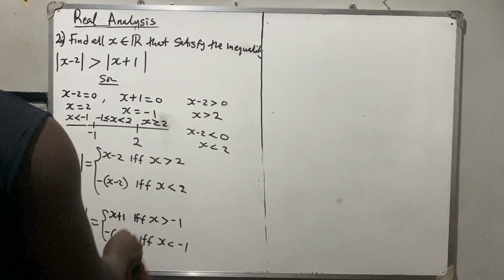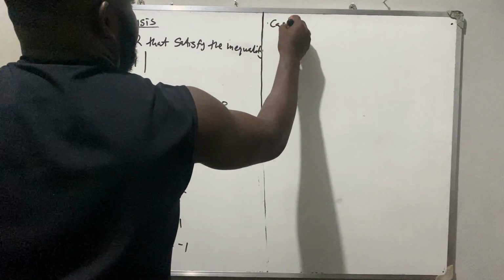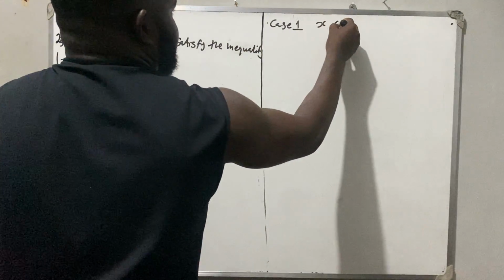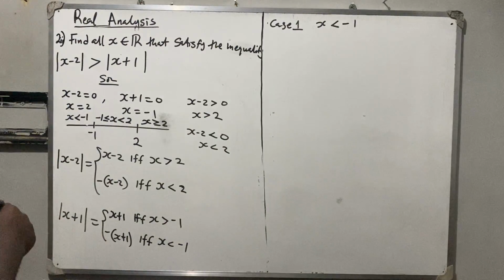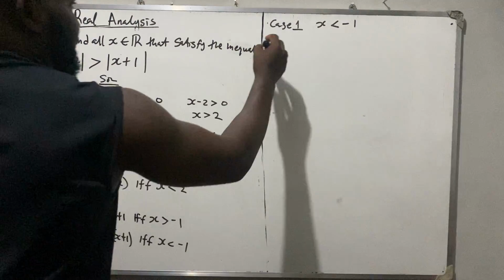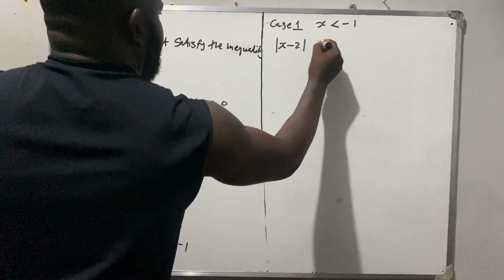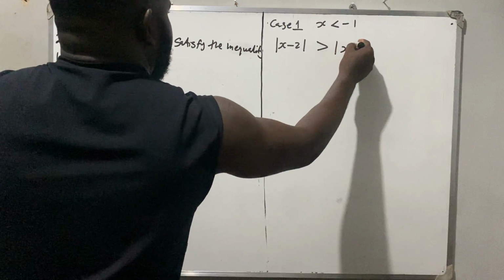So for case 1, this side, we say that x is less than minus 1. So if x is less than minus 1, we have that the absolute value of x minus 2 is greater than the absolute value of x plus 1.